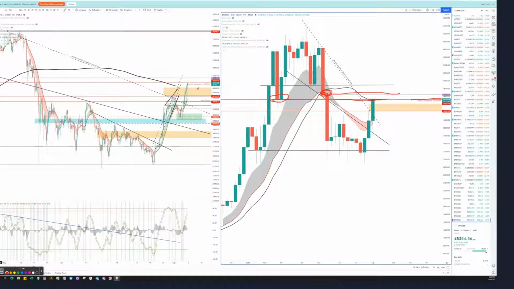Now, having said that, we have this moving average coming down.